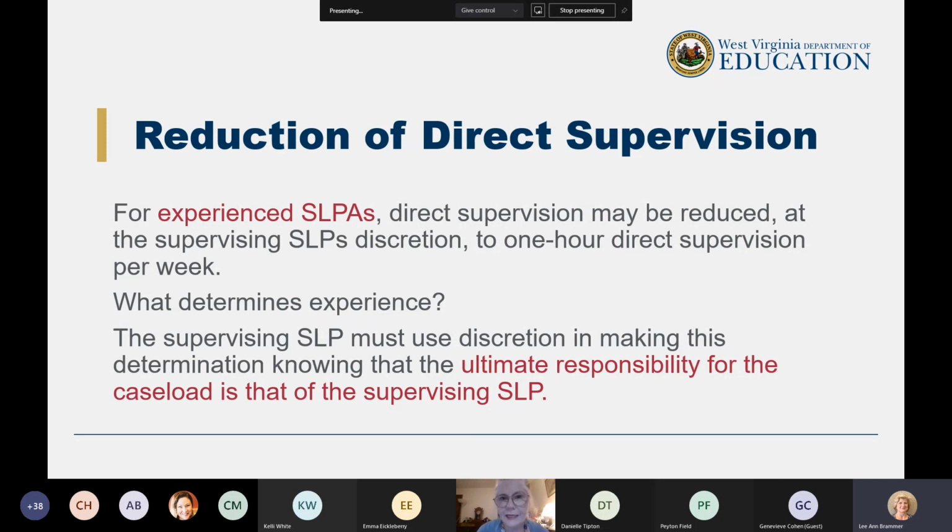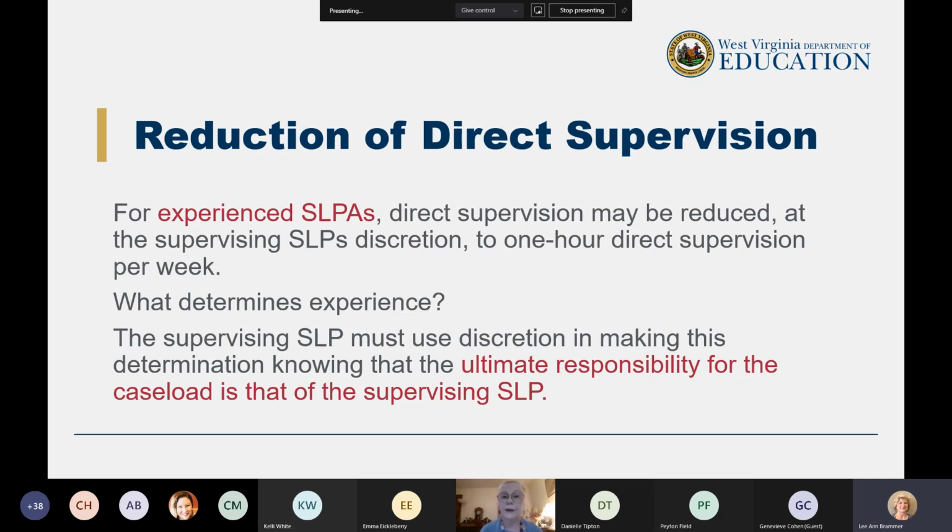For experienced SLPAs, now, what does experienced SLPA mean? Not maybe even someone who's had a year or two, but we have some SLPAs who've been working for 5, 10, 15 years as an SLPA. They are definitely experienced.